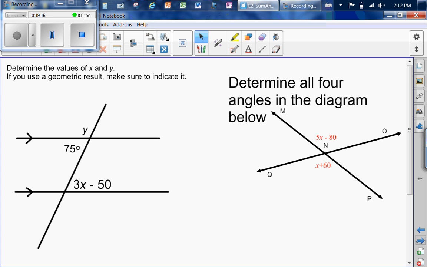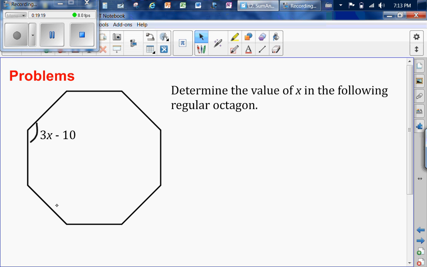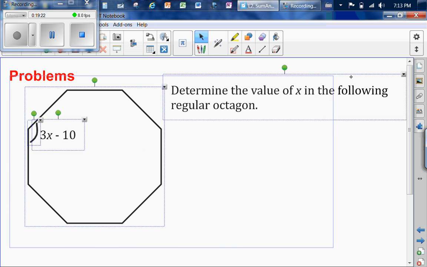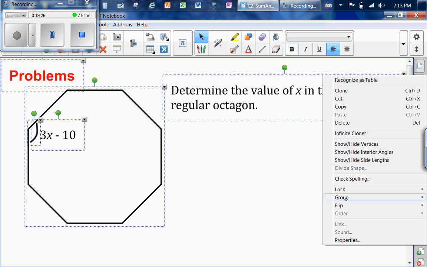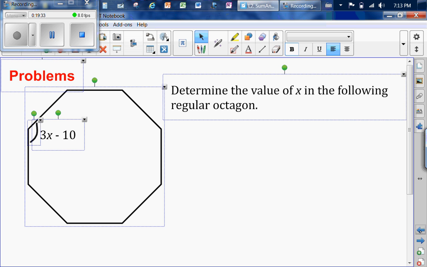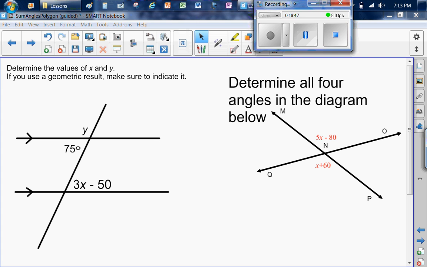And it doesn't want to do that for me. So here we go. Let's group all that. And then let's copy it and paste it into here. See, it's as if I'm there. It doesn't want to work.